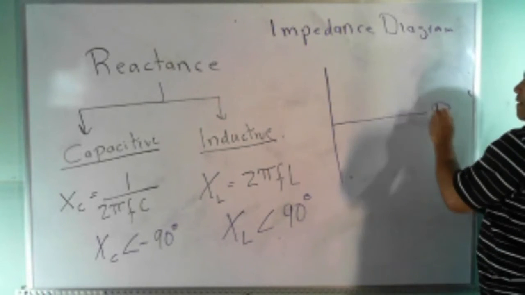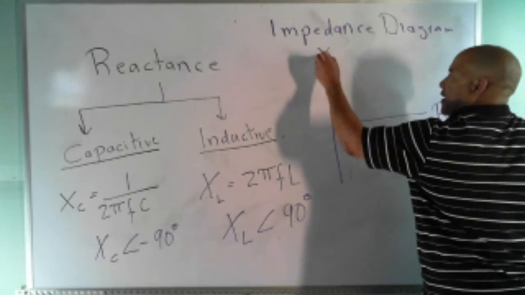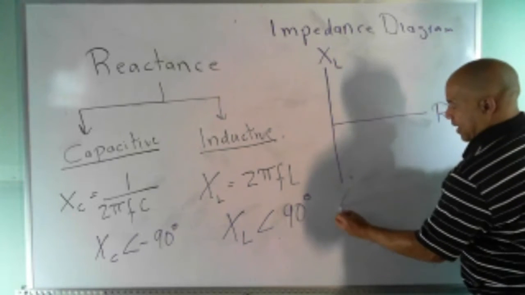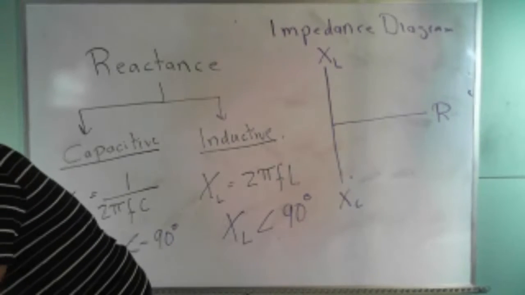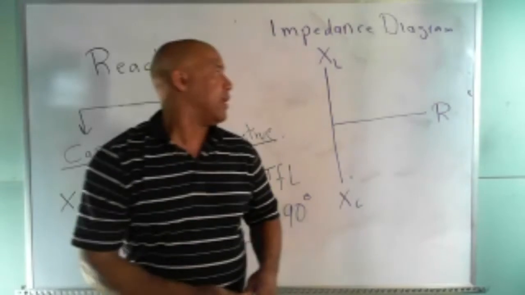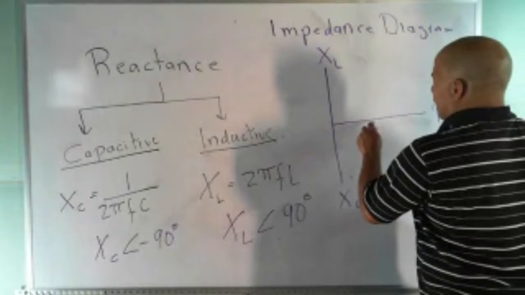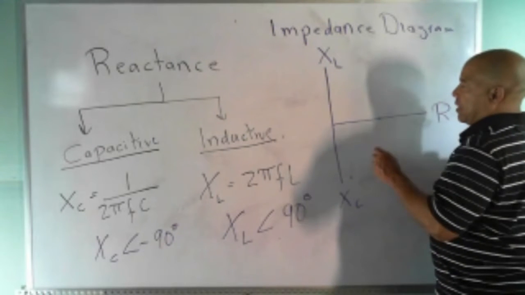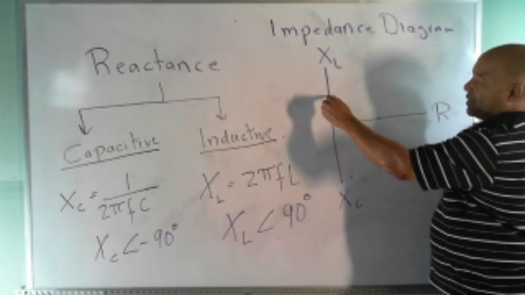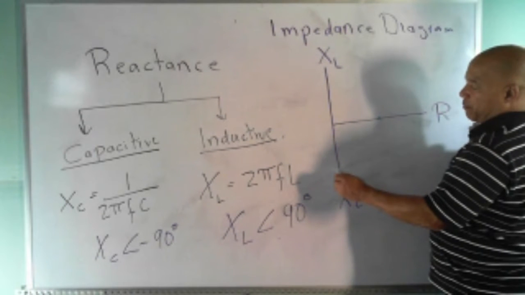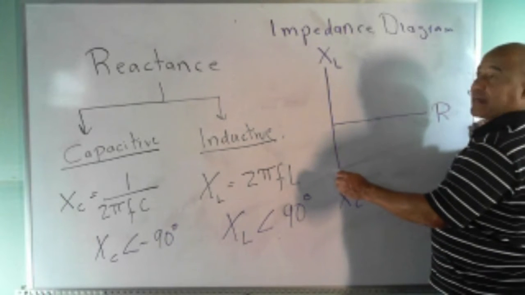This is R, here XL, and down here, XC. So if I have a number on either axis, if I have a number here, I know that's resistance. If I have a number here, I know it's inductive reactance. And if I have a number here, it's capacitive reactance.